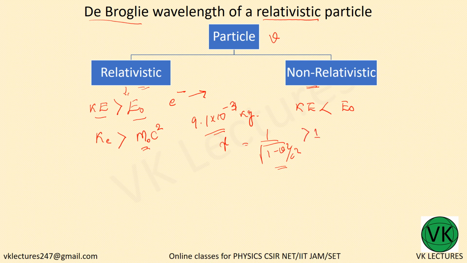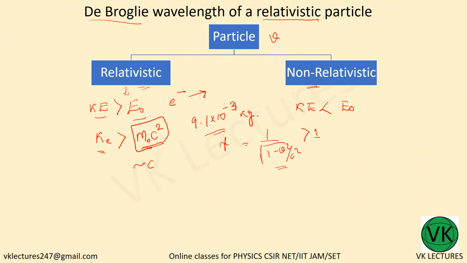So as the particle moves, its mass increases, and its kinetic energy increases as the velocity goes near to c. The rest mass energy is a constant for a particle.